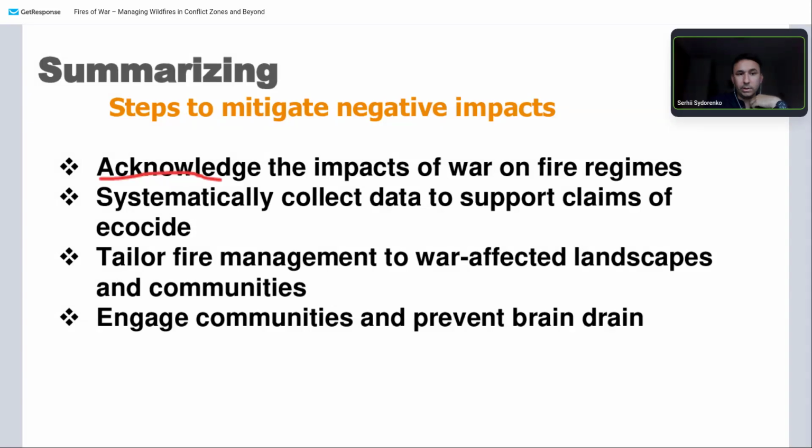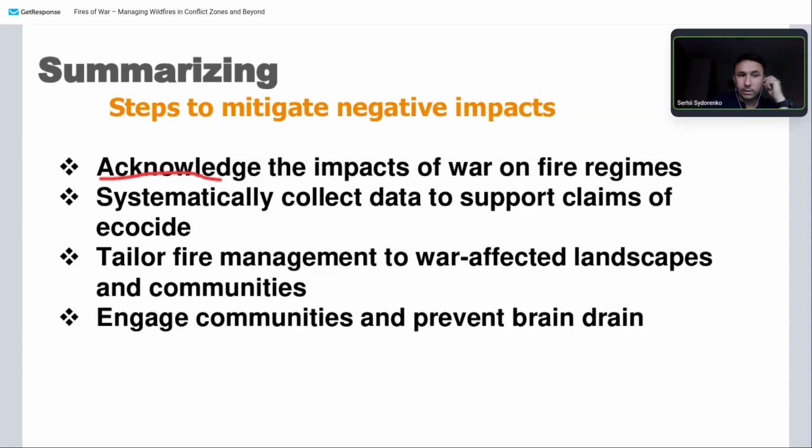And another important message is a methodology for systematic data collection, because I also believe that Ukraine can be an example of how to do it.